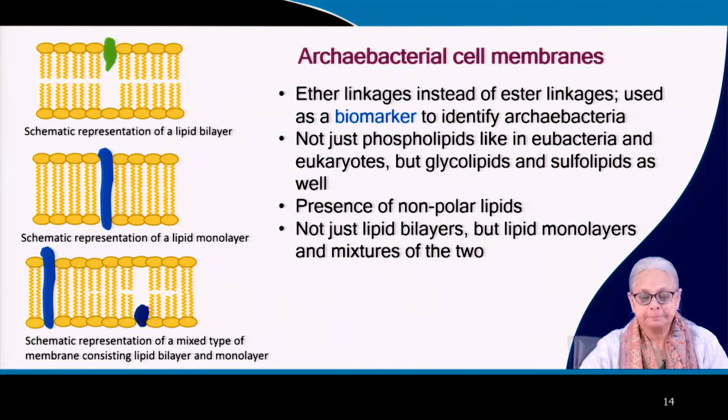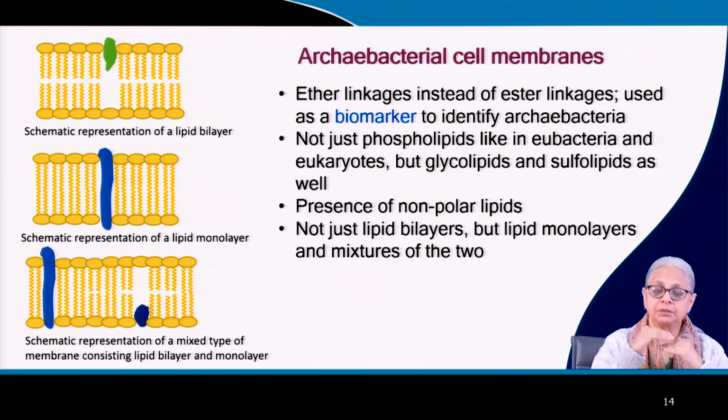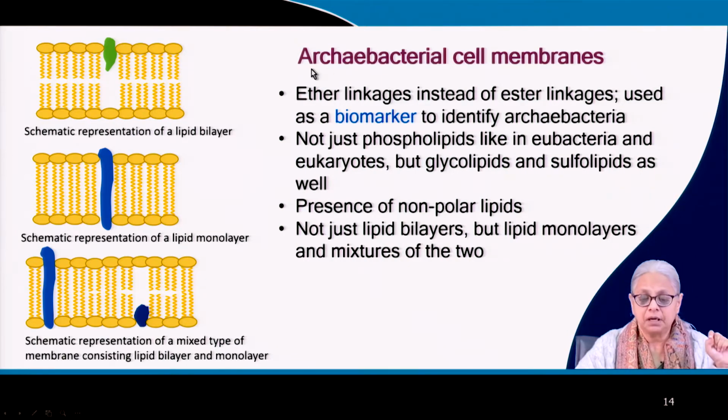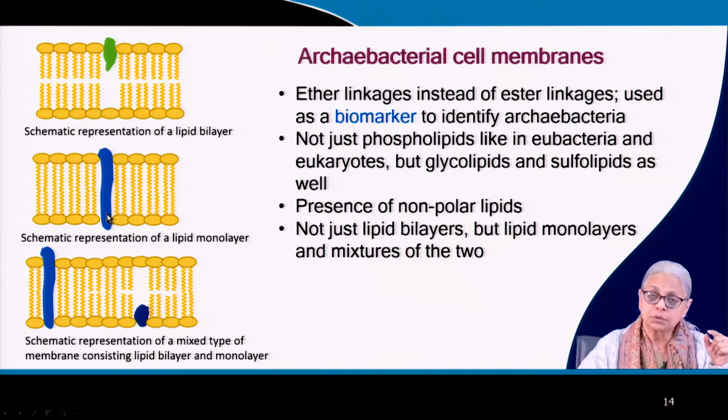archaeobacterial membranes, and you can see there are significant differences. The modern bacteria, or what is just called bacteria, have a bilayer formed out of phospholipids only. And the archaeobacterial cell membrane may be formed out of a bilayer of lipids. This is one possibility. But they also have something very interesting: lipid monolayers.